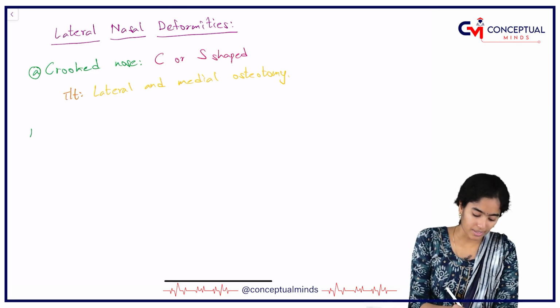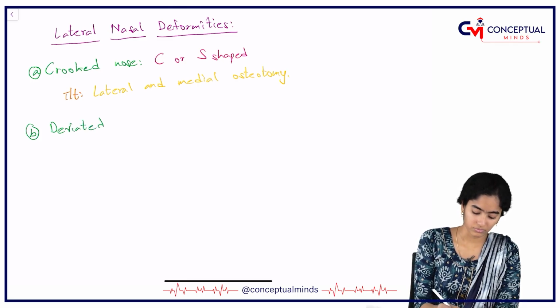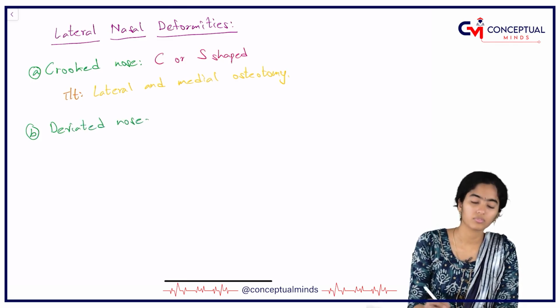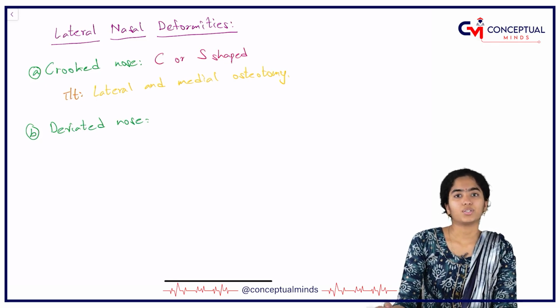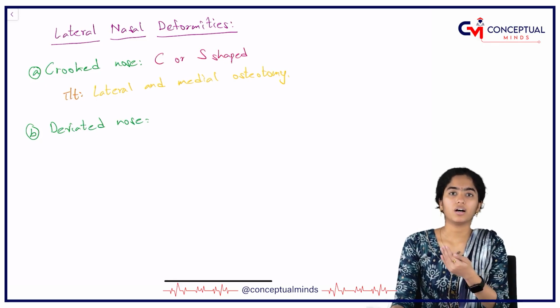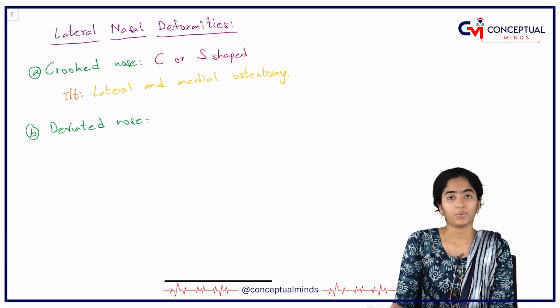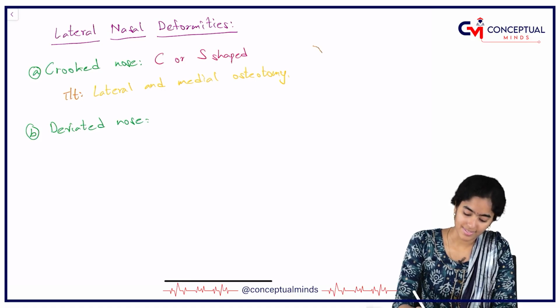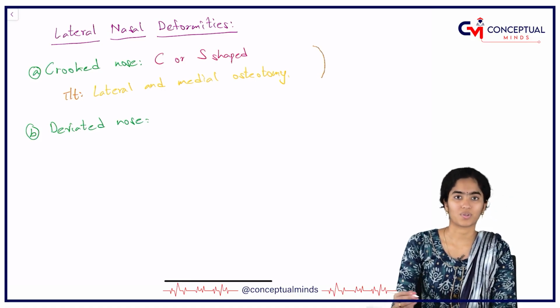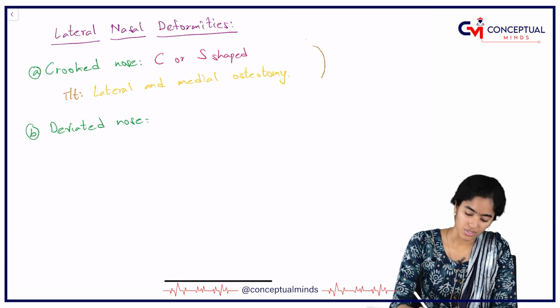Then next we have a deviated nose. In the deviated nose, what we find is the dorsum is deviated away from the midline. Now you might ask, in crooked nose also that is what is happening. No. Crooked nose will look something like this towards one side.